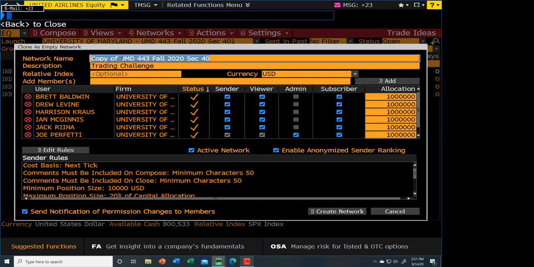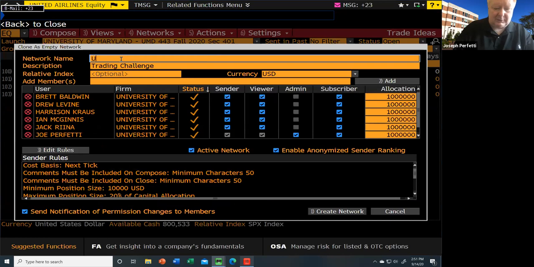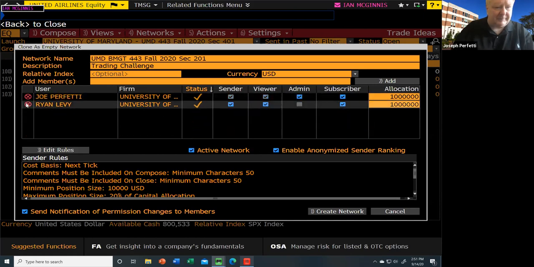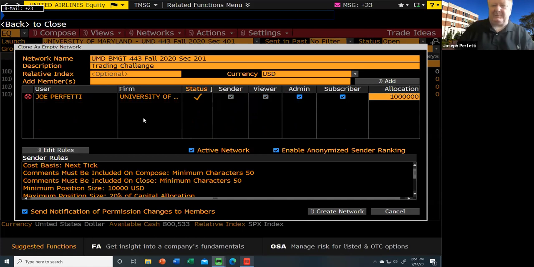And this is fall UMD 43, fall 2020, section 201. Okay, I'm going to get rid of these people. And I'm going to start adding the people to trade in your section.